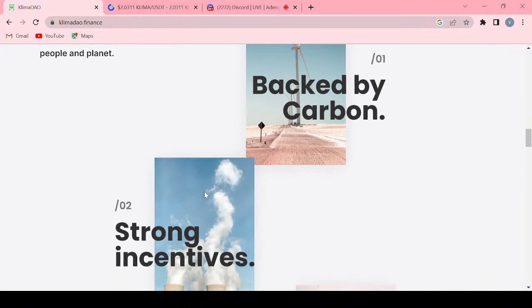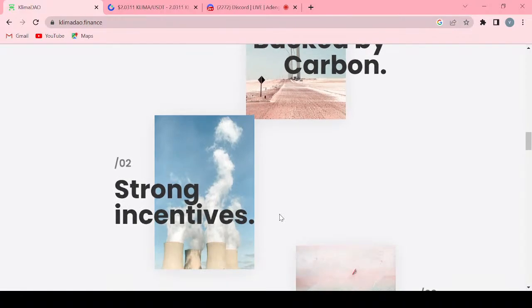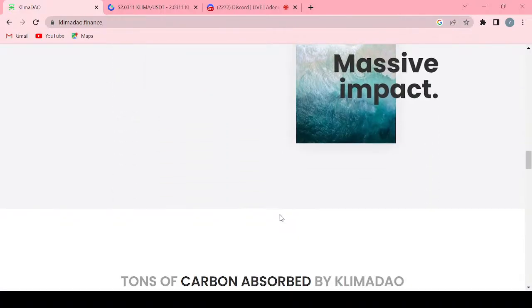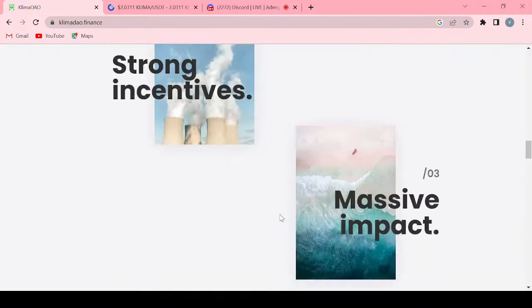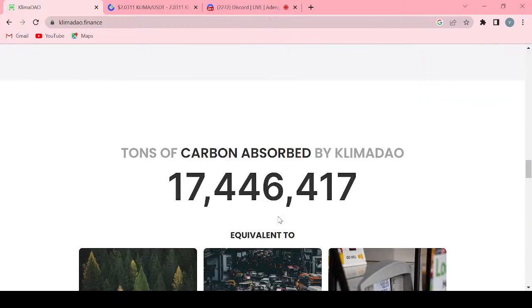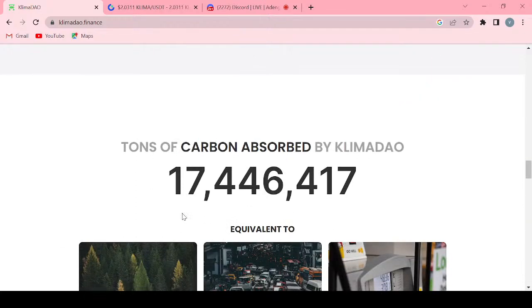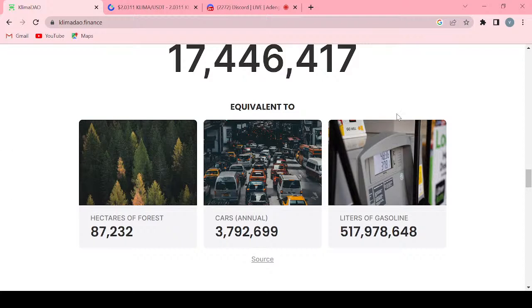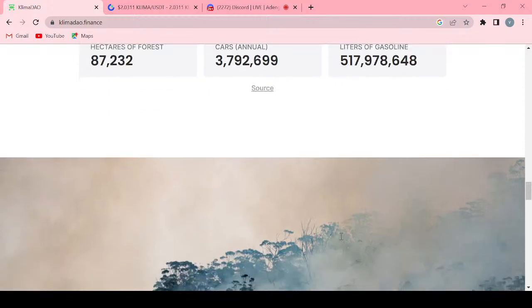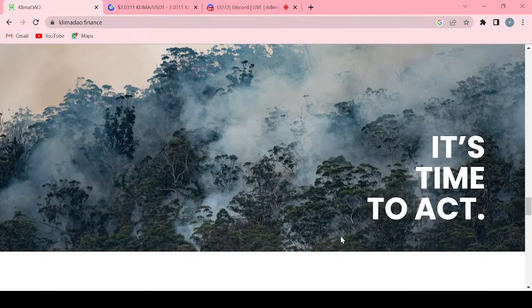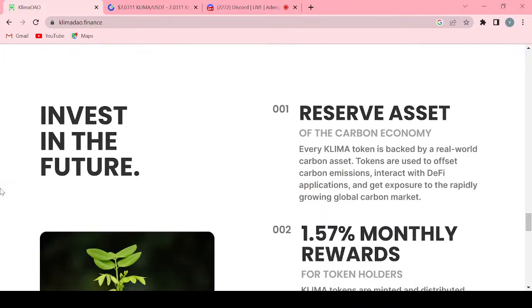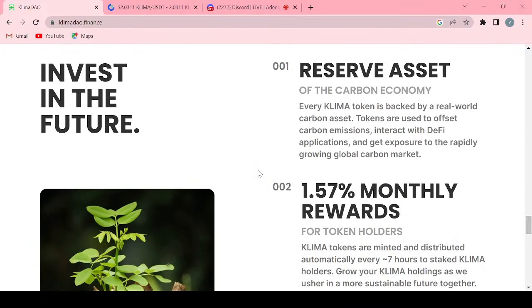Next are strong incentives and a massive impact. These are the mechanics of Klima DAO, equivalent to the amount of hectares of forest, cars, and annual liters of gasoline. It's time to invest in the future of Klima.